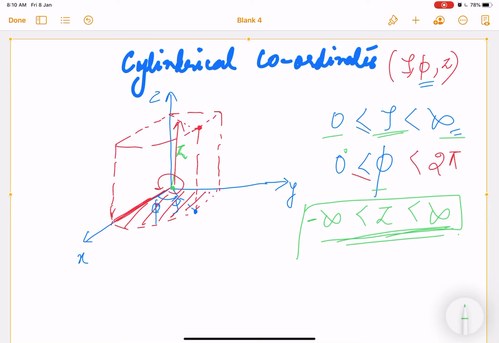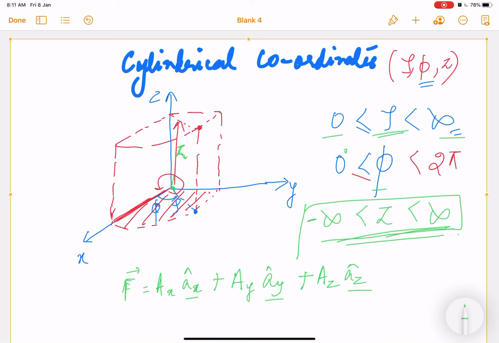Then next, what is it that we need to define? I must say, what is the vector? In Cartesian coordinates, I'll say my vector, suppose this is vector f, is ax cap plus ay cap plus az cap, these being the unit vectors in the xyz directions.